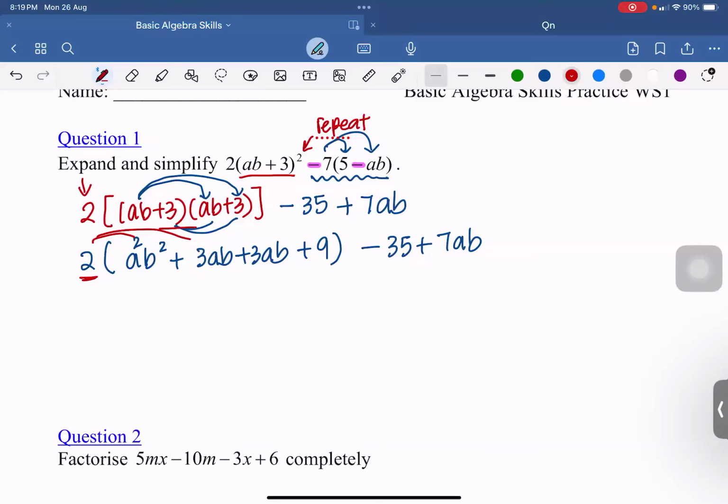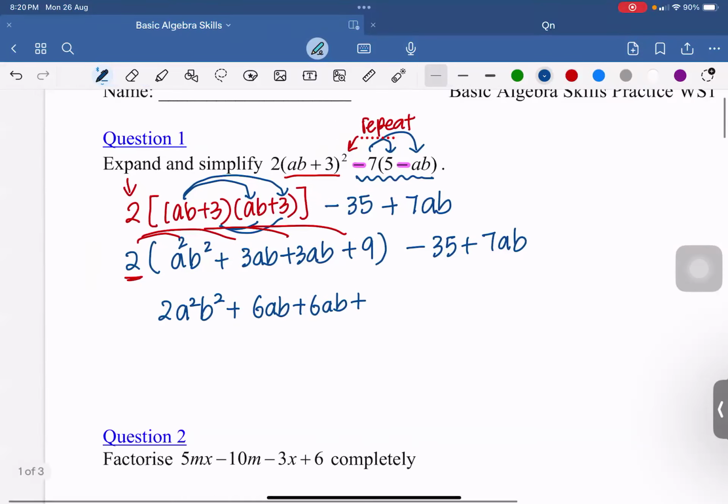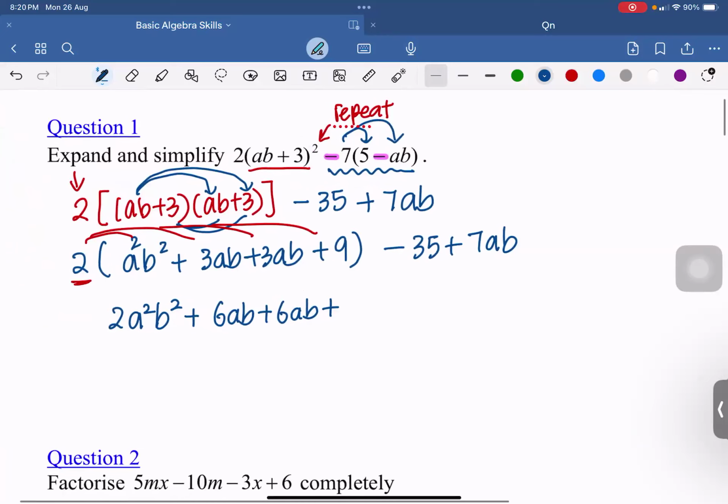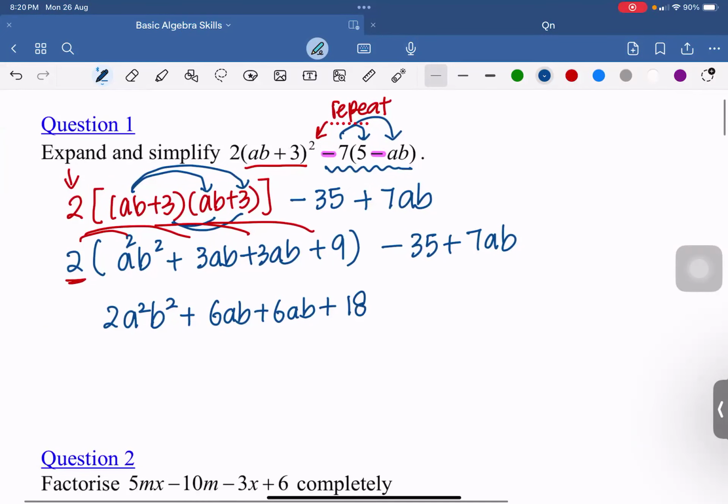Multiply to everything inside. So I get 2a squared b squared, 6ab, 18.